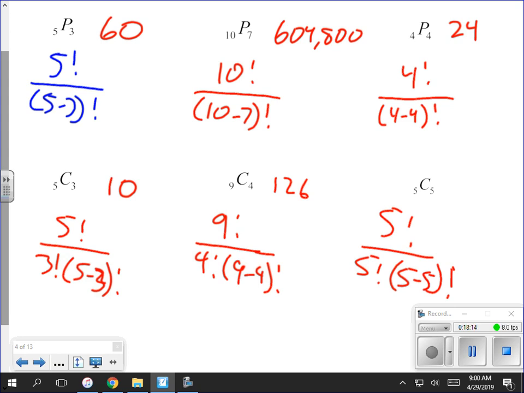So I get 5 factorial divided by 5 factorial. There's one way I can do that. If I'm pulling 5 items at a time out of a bag of 5 items, I can only reach in and grab all 5 at once. There's only one way I can do that. Okay.